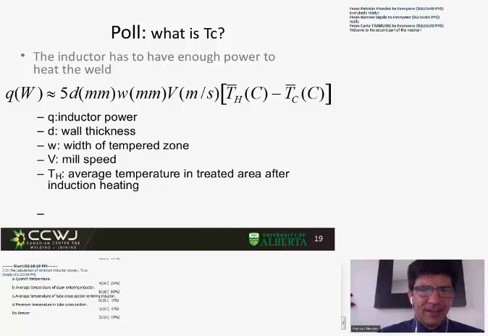Notation is never easy. What I want to highlight here in this slide is I have used the name TC for two things that are different. And I apologize for that, but that's what we have right now. As long as we have clear in our mind that when we talk about inductor power, it relates to temperature coming in and temperature coming out of the inductor. But when we talk about the quenching temperature, we also have called it TC, and eventually we might come up with a smarter naming scheme.